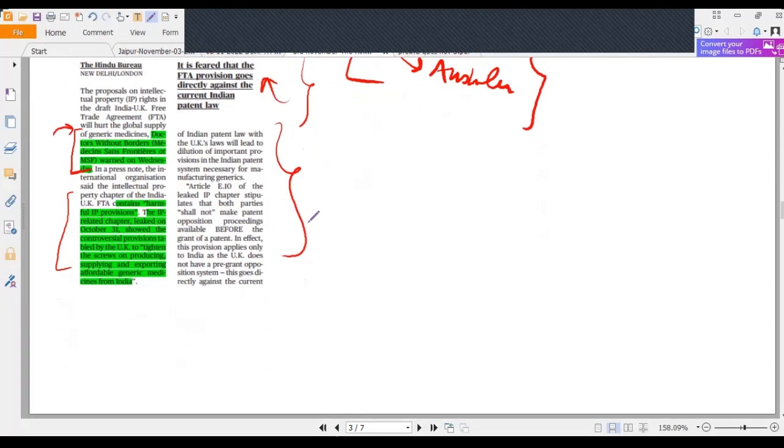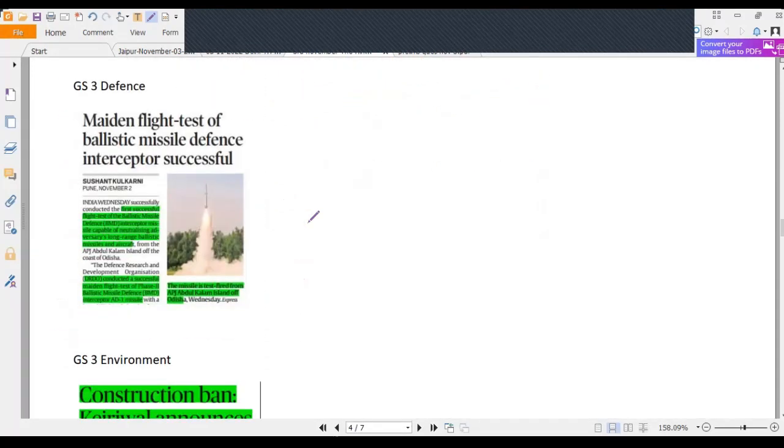Now moving forward, there is another news item related to defense GS3, where maiden flight test of ballistic missile defense interceptor successful. Recently DRDO, that is Defense Research and Development Organization, has conducted a test of a ballistic missile defense interceptor missile that is capable of neutralizing the adversary's long range ballistic missile and aircraft.